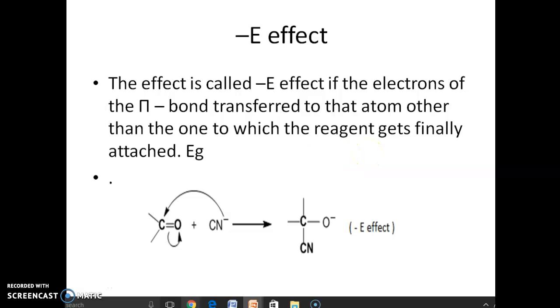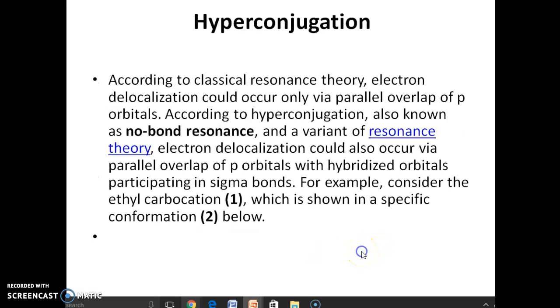For example, if a carbonyl group is attacked by the cyano group, due to the attack on the double bonded carbon, the electrons of the pi bond get transferred to the oxygen instead of carbon, and as a result oxygen gets a negative charge. So it is called the minus E effect.